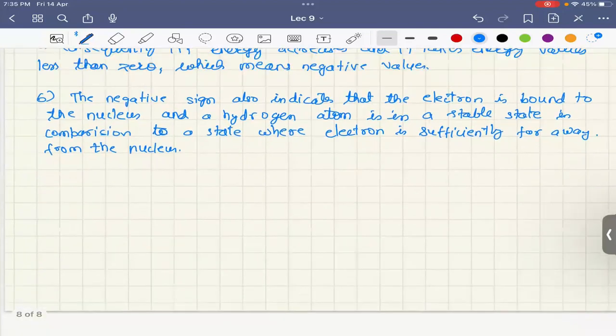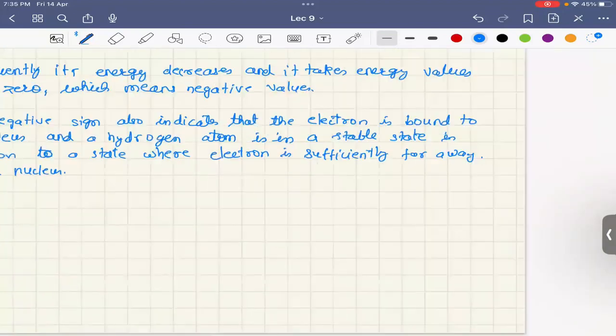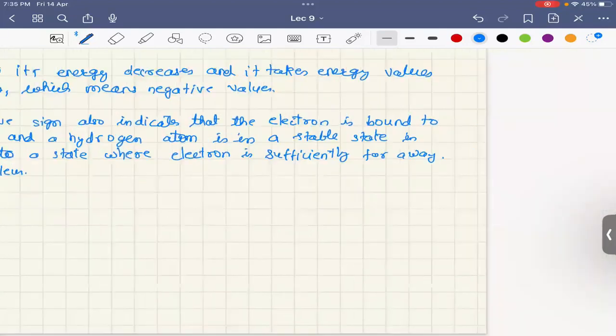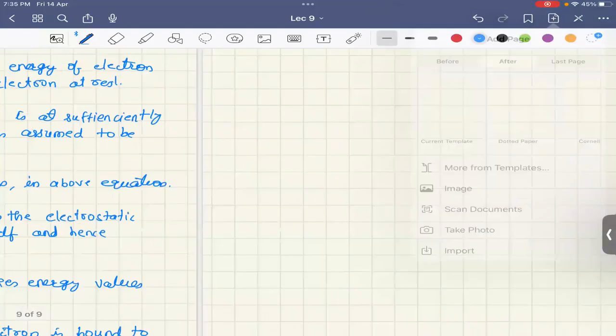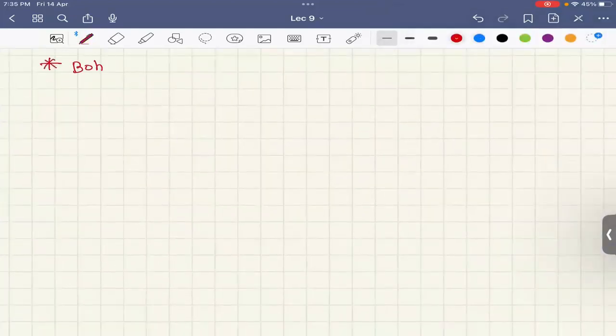The next topic which we are going to study is the Bohr radius, right? Radius of atom. It's called Bohr radius.